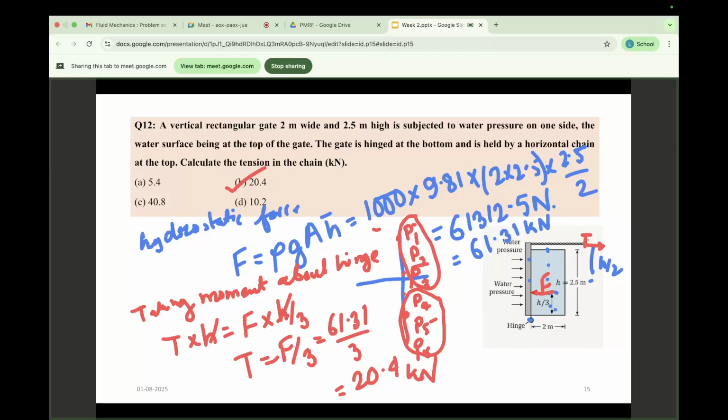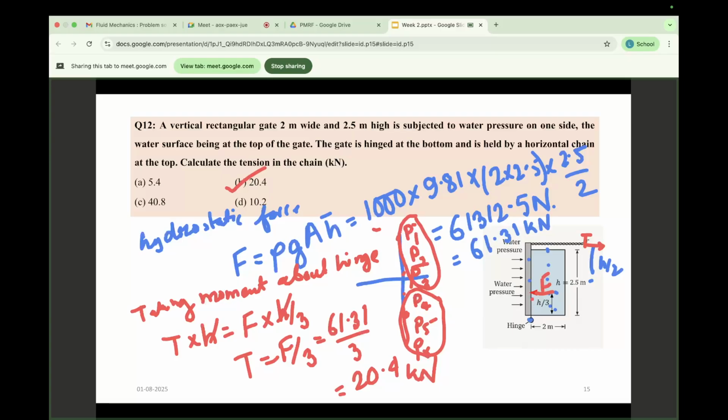It's my suggestion that if someone wants to appear for this NPTEL exam for certification, you will definitely find these types of questions. Maybe some other values will be given, or the pattern of the question may change, or the shape of the gate.